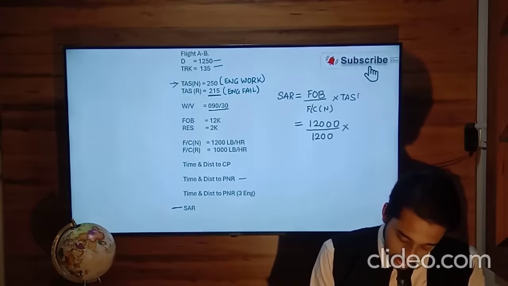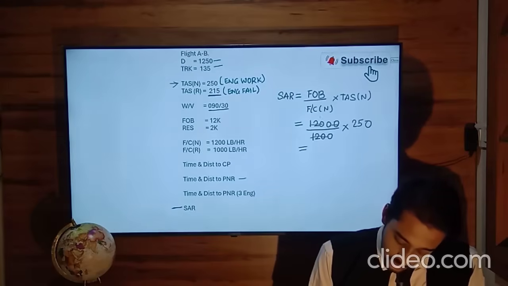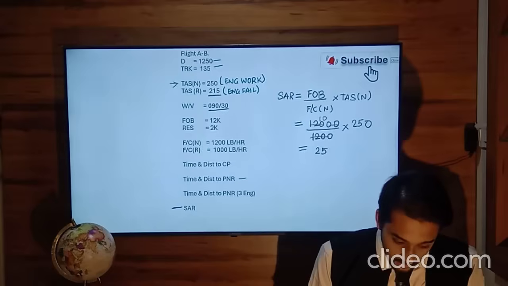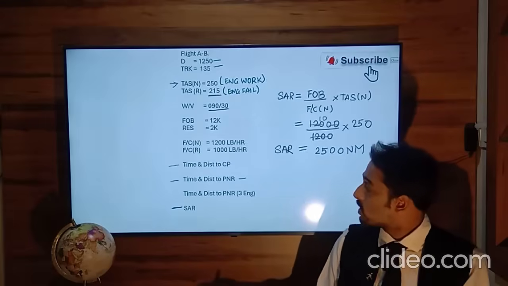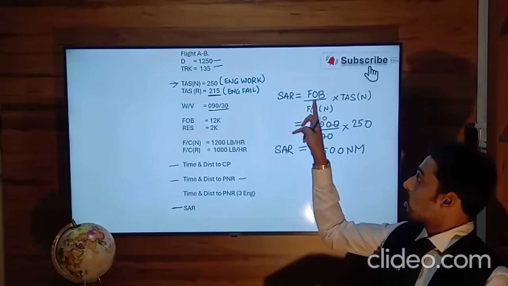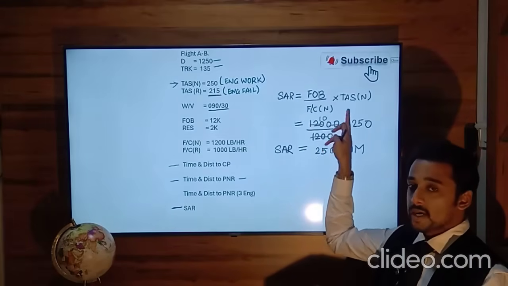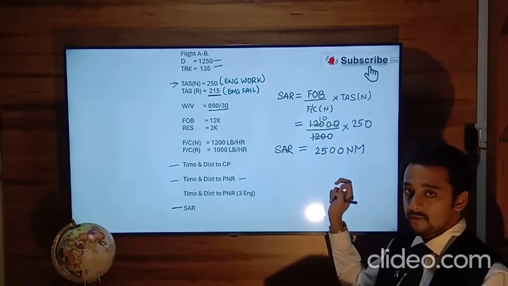TAS at normal rate is 250. So it will be 2,500 nautical miles. Still air range we have found out 2500 nautical miles. Fuel on board, fuel consumption normal, TAS normal, substitute and get the value.